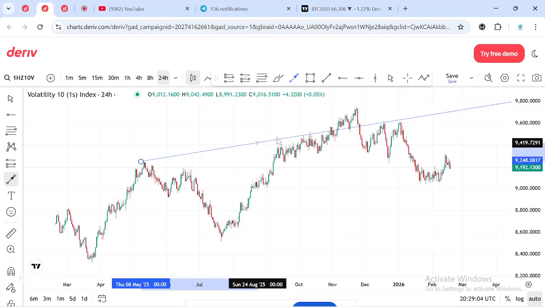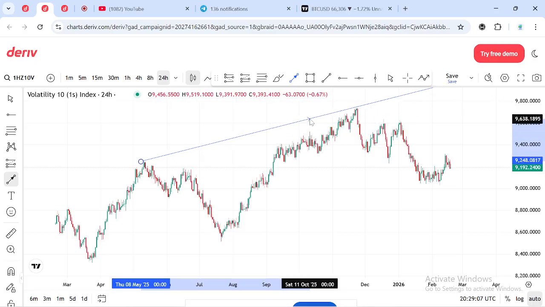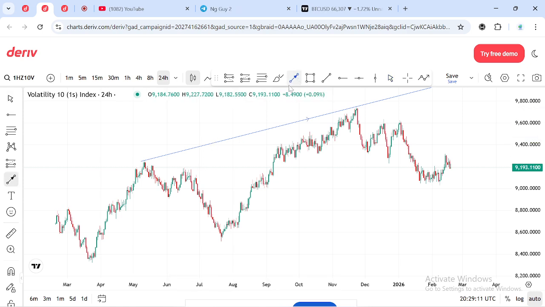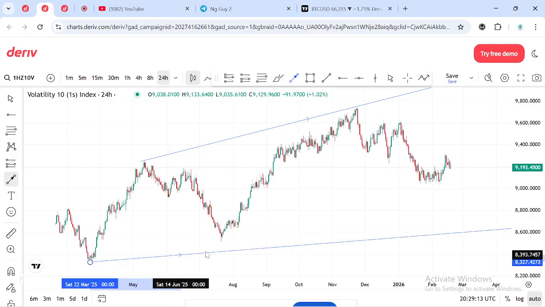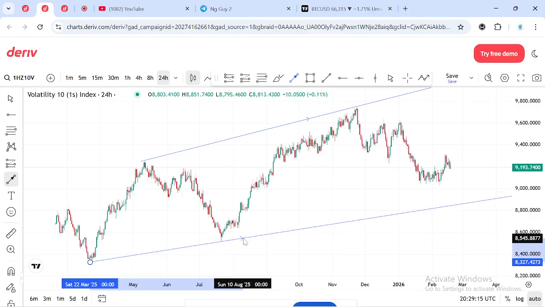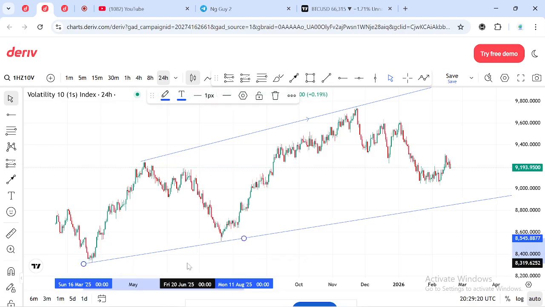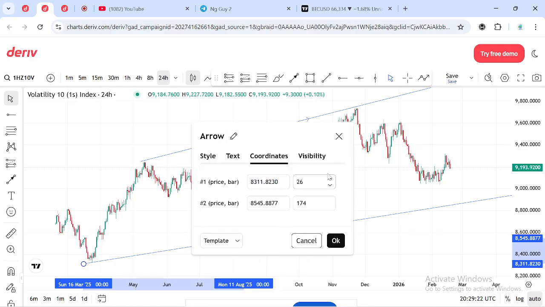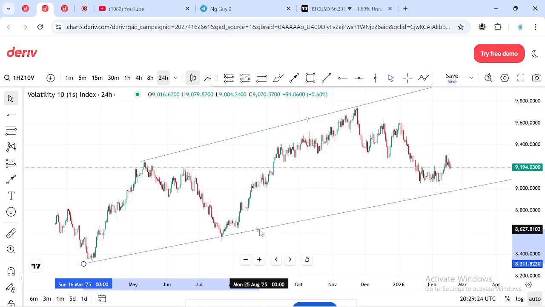I said simply that we have a zone here. We are currently on an uptrend of volatility 10 1s, but then we have what we call a wave pattern. We are trading it within a wave pattern. Now the wave pattern is this. So this is the wave pattern.